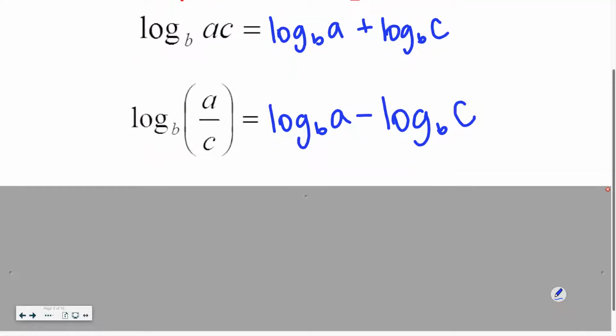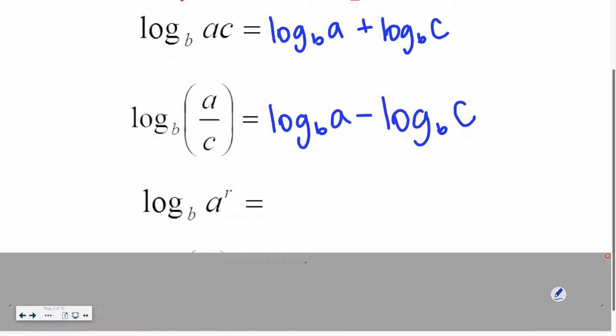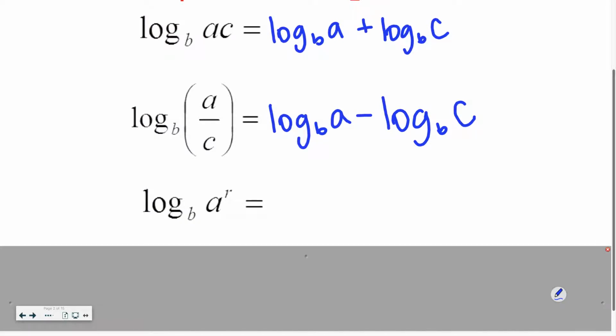And last but not least, if we have a power inside of our logarithm, what can we do with that power? Multiply it out in front. This can be r times log base b of a.